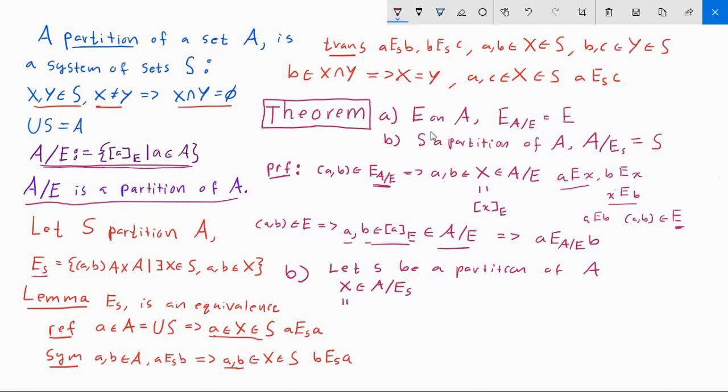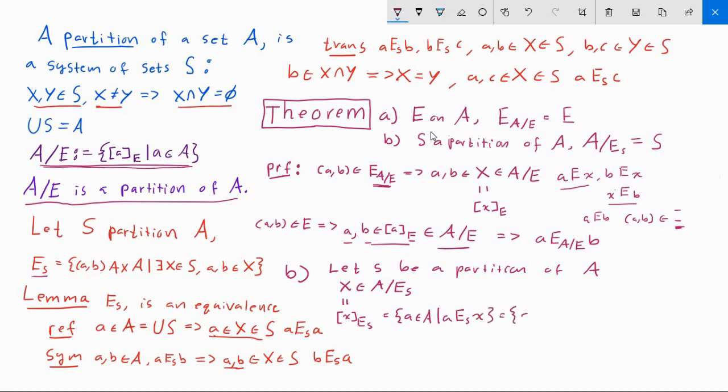So big X here must be equal to the equivalence class of some little s under the equivalence relation E sub S. This is equal, by definition, to the set of all little a in A such that a is related through E sub S to s.